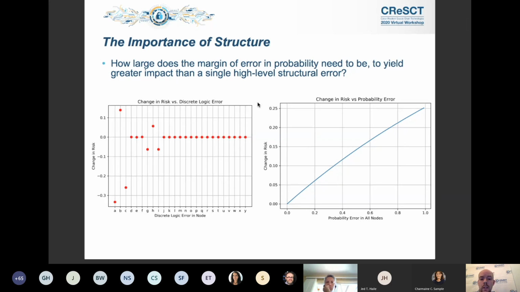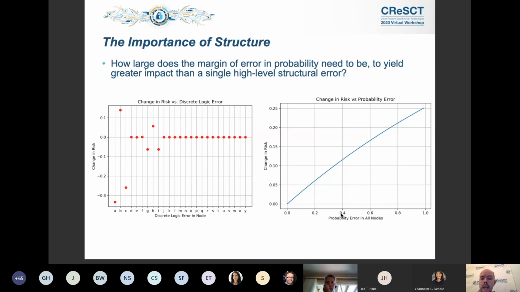So we want to ask the question, what kind of error rate in our probabilities would we have to get in order to have that level of risk change in the end? So we just go over here to this chart and find 0.14, 0.15. Well, that's about a 50% error rate in the probability.